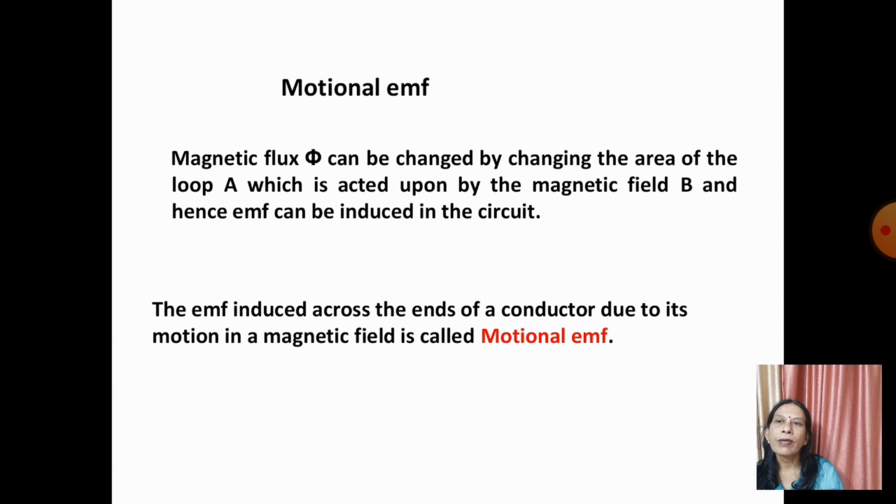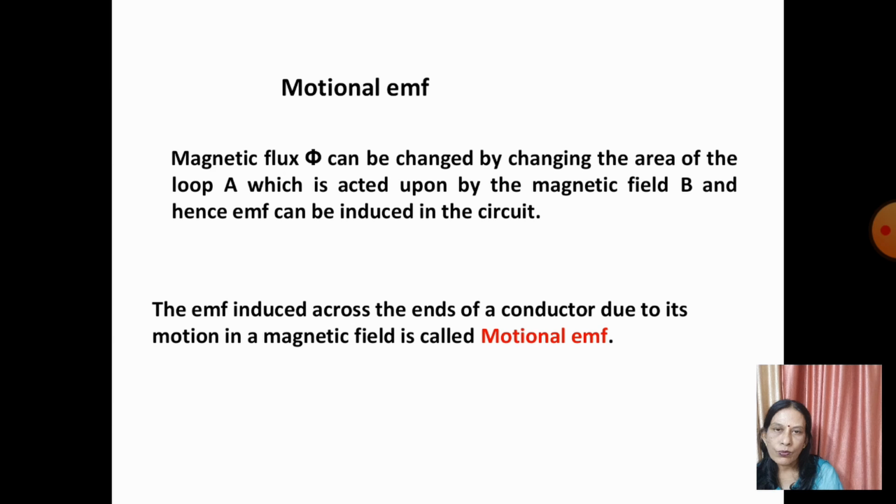What happens when the magnetic flux is changed? How is it changed? By changing the area of the loop which is acted upon by the magnetic field. Then an EMF is induced in the circuit. So in the motional EMF, the magnetic flux is changing by changing the area of the loop. It is the EMF induced across the ends of the conductor due to its motion.